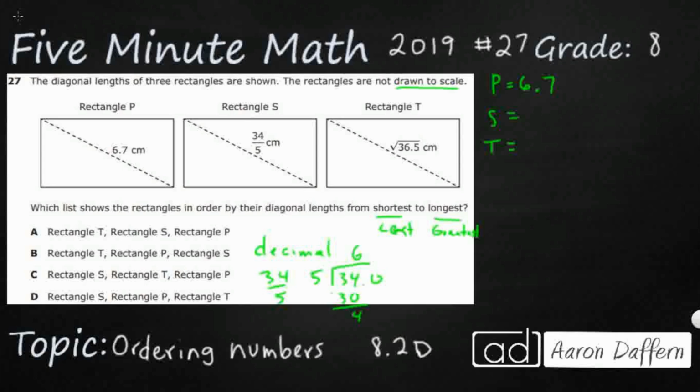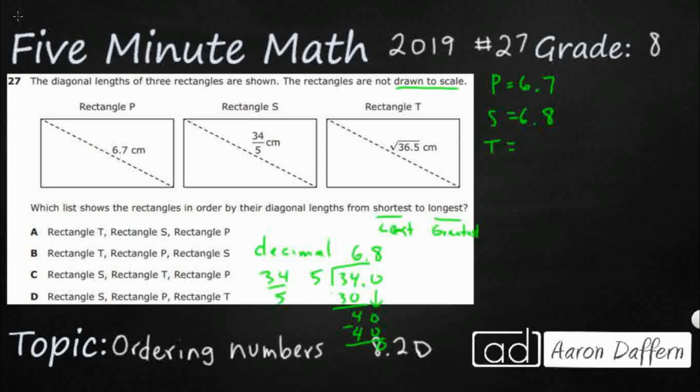So let's bring in a decimal. You can add as many zeros after the decimal as you want, and that's going to go 8. All right, so 6.8, nice and even. That's pretty simple. So when we're going from shortest to longest, P is going to come before S. Our big question is this T.